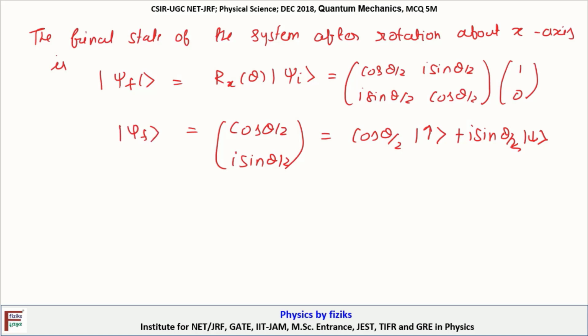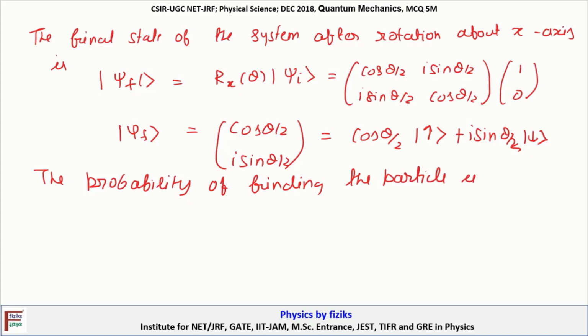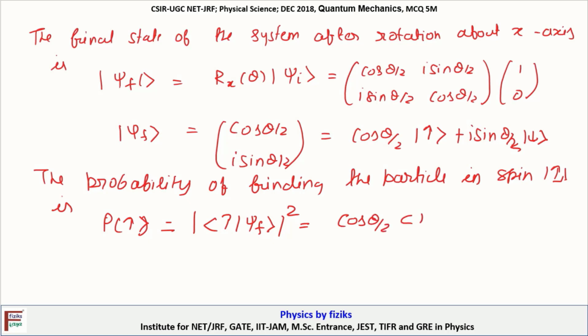So the probability of finding the particle in the spin up state is cos squared theta by 2.